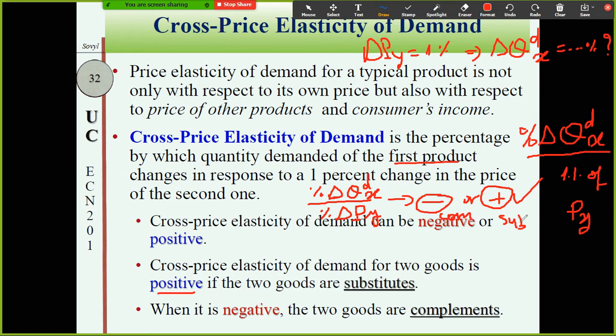Okay, for substitutes, cross price elasticity of demand becomes positive. For complement goods, cross price elasticity of demand becomes negative sign. Okay, so remember that one. Under what condition does cross price elasticity of demand become positive sign? Under what condition does it become negative sign? Okay.